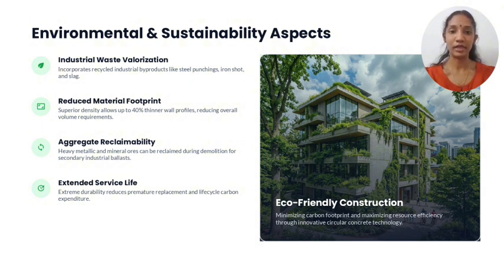The heavy aggregate can also be recycled and reused after demolition. In addition, its long service life reduces maintenance and replacement, helping to lower the overall carbon footprint.